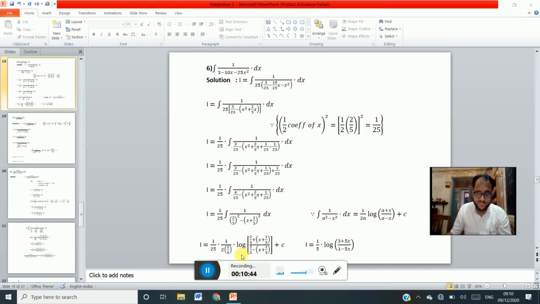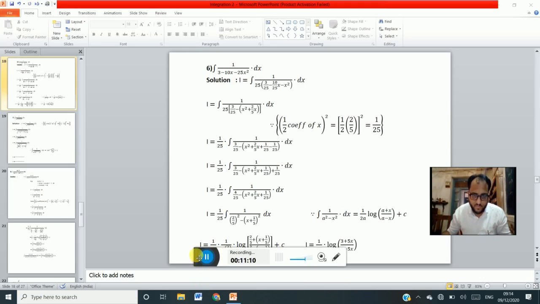1 upon twice a is 2 by 5 log of 2 by 5 plus x plus 1 by 5 divided by 2 by 5 minus x plus 1 by 5 plus c. And what do we get then? 2 into 2 is 4, and 25 by 5 means 5, 5 into 4 is 20.